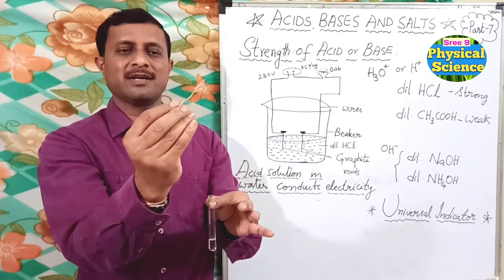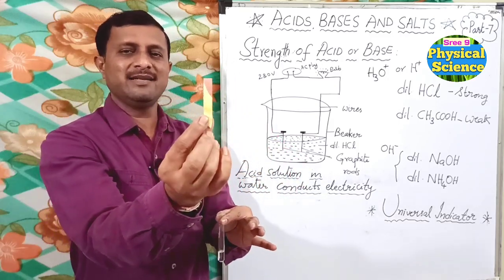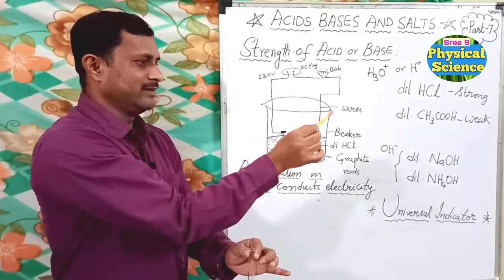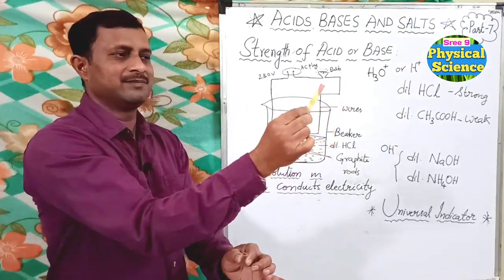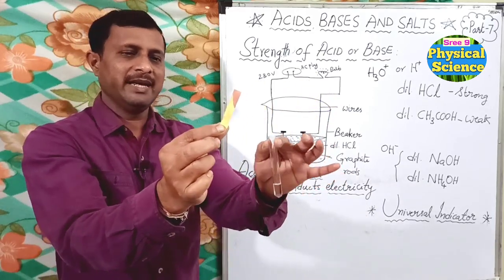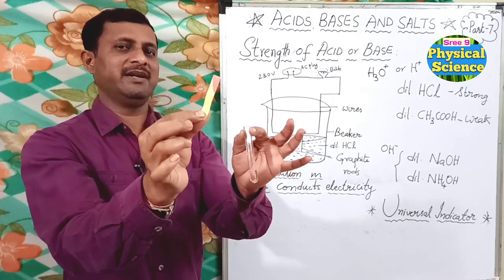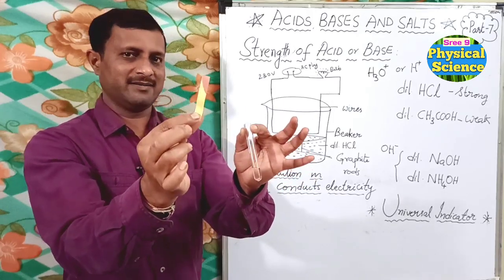See, the color is changed to red. Right? This is dark red. So in acid it shows a red color. The universal indicator paper, litmus paper, shows a red color.